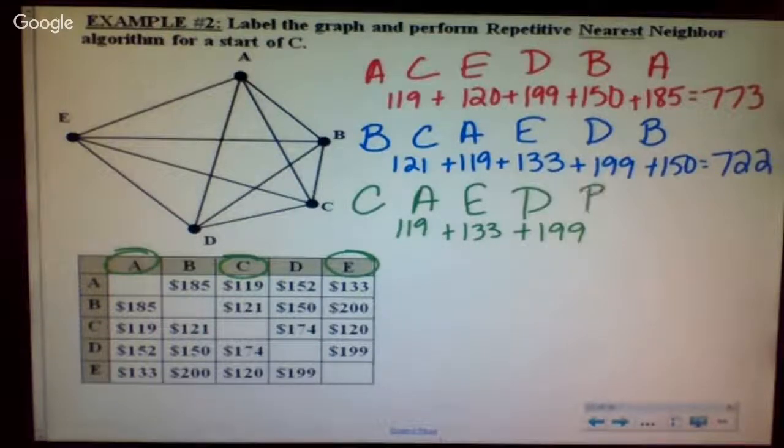And you said to B then, because we have to go to every stop. And from D to B is 150. And then finally back to C. And B to C is 121. 722 again.